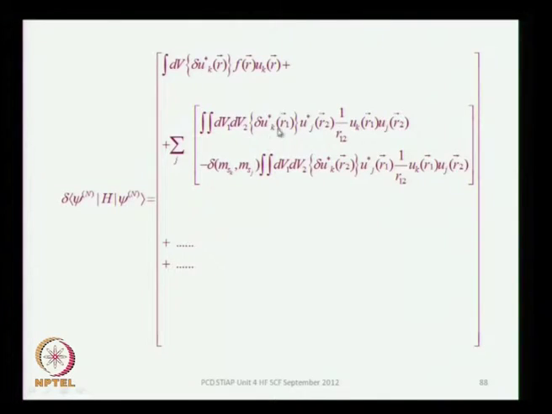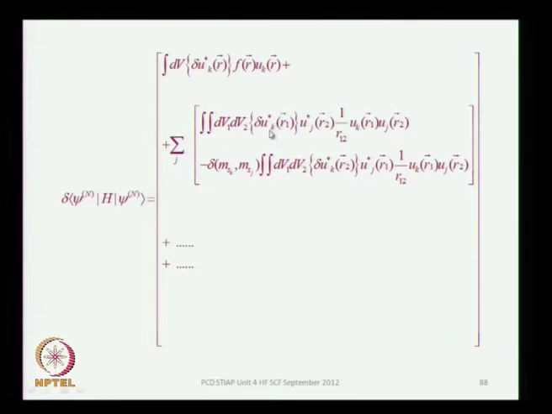Now, if you look at the variation in the kth orbital, in the 2 center 2 electron integrals, this is in the Coulomb and this is in the exchange, and you have varied the kth orbital alone. You must sum over j, but only the kth orbital is being varied.